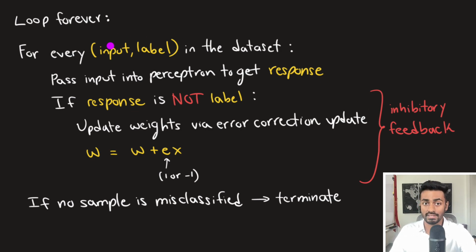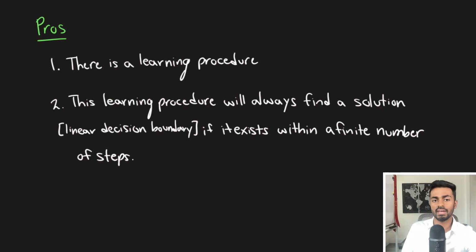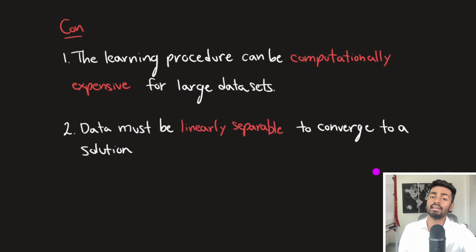So this is its learning algorithm, where it'll learn through an error correction update instead of learning through excitatory feedback. And with the demo, we showed that this could actually be an effective learning procedure, especially if there exists linearly separable data, but it can lead to issues where the data sets are large because this becomes computationally inefficient, and also if the data is not linearly separable, as it could potentially loop forever.